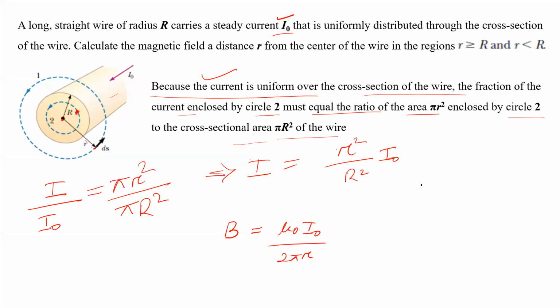Now we apply Ampere's law: B dot ds, 2 pi, and so on. Sorry, not capital R but small r; this time let us take r prime as the distance. So B into 2 pi r prime is equal to the enclosed current.